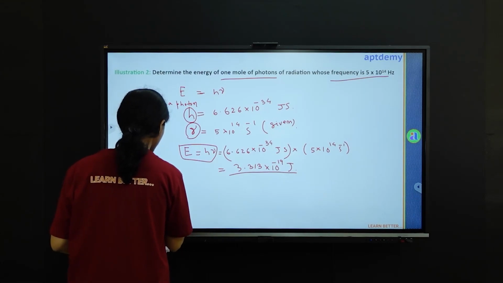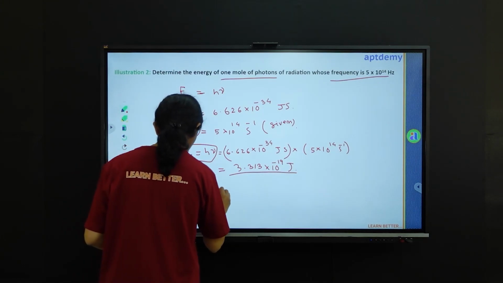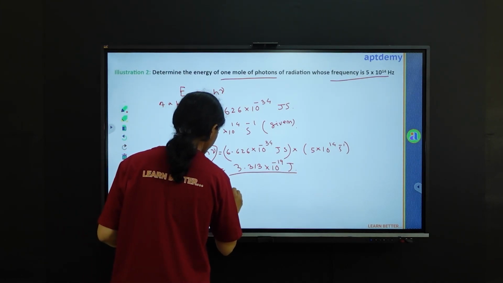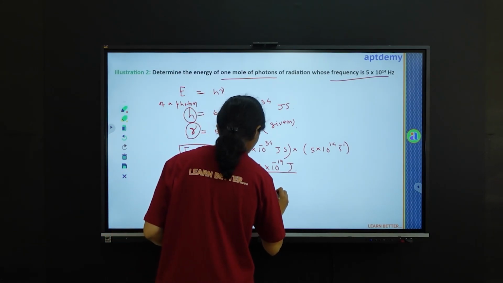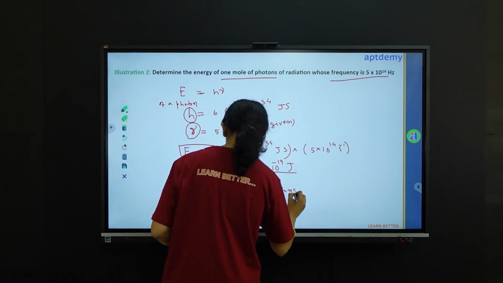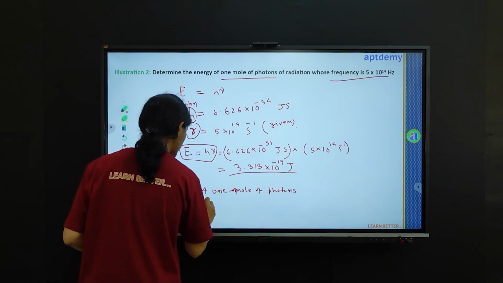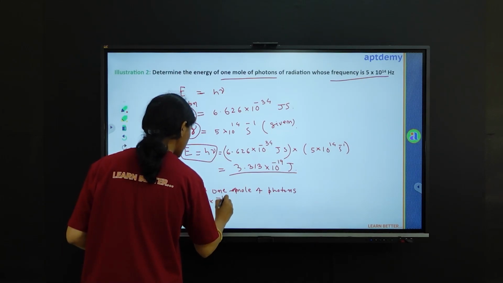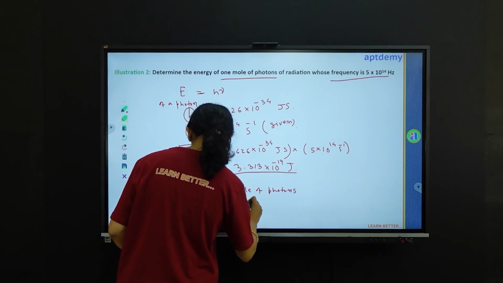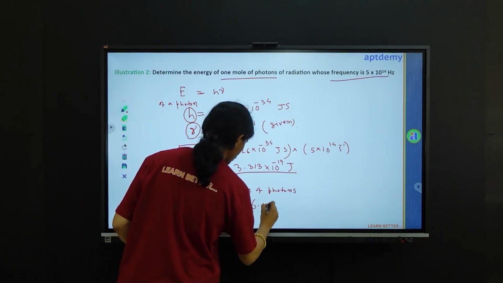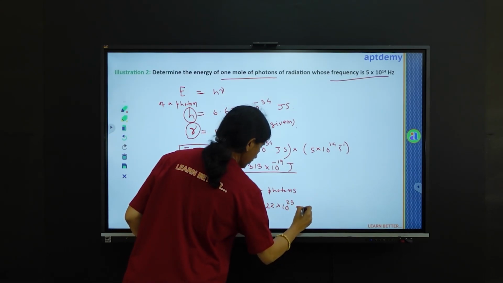So we will write that energy of 1 mole of photons is equal to 3.313 times 10 to the power minus 19 joule multiplied by the Avogadro's number, which is 6.022 times 10 to the power 23 mole inverse.